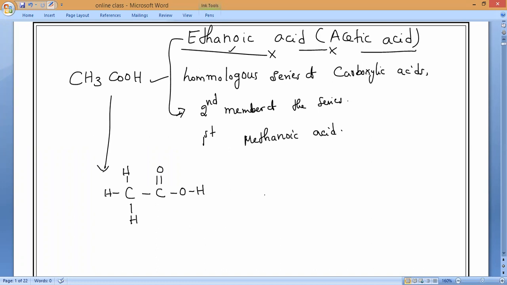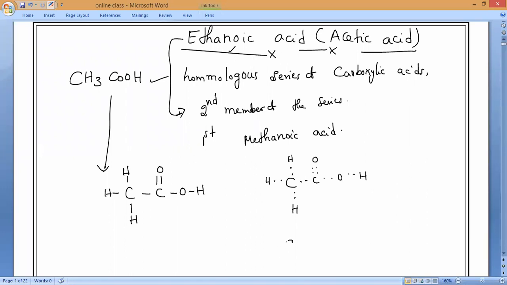It has three hydrogens on the carbon, and oxygen, hydrogen. This is the electron dot structure of ethanoic acid.